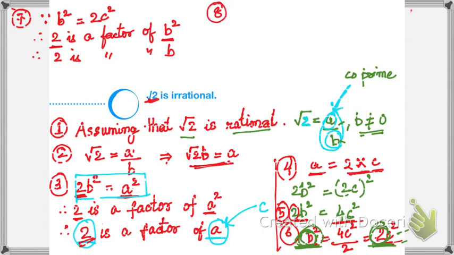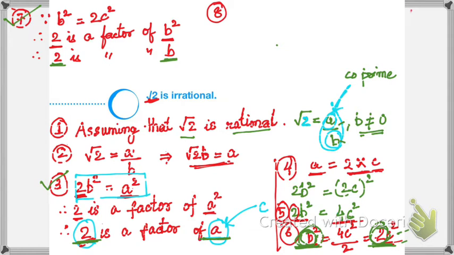Now in step number 8 we will notice one thing, that in step number 3 and in step number 7, what we have noticed is that 2 is a factor of b and this 2 is also a factor of a.